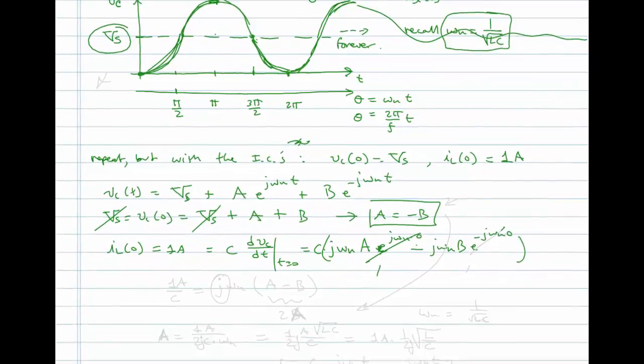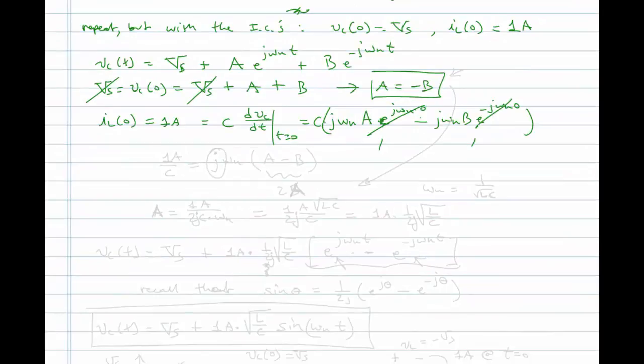These go to 1. And so what do we have? We have 1 over C, 1 amp over C, is equal to j omega n times A minus B. Okay, and this, from our first condition, is equal to 2A. I'm sorry, 2A.